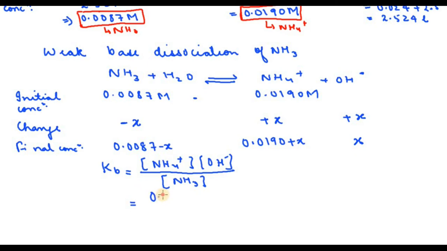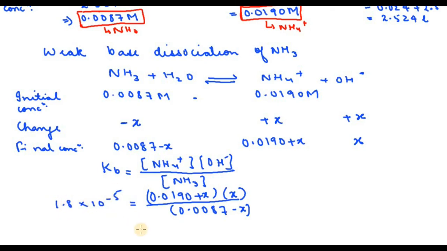For ammonium it is 0.0190 plus X, for OH- it is X, for NH3 it is 0.0087 minus X. And the value of Kb is already given in the question, that is 1.8 times 10 to the power minus 5.